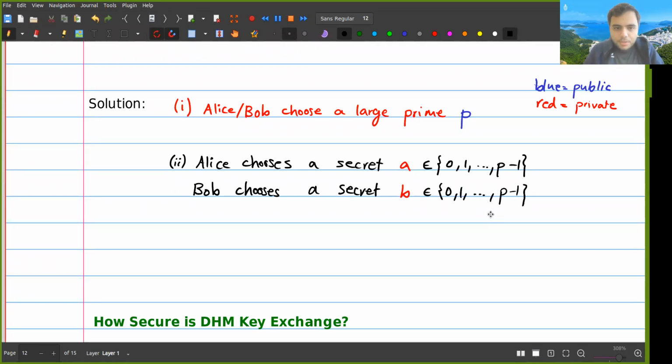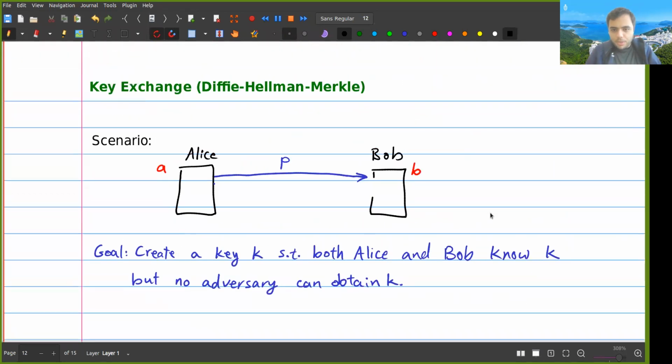Now, I want to tell you the intuition before saying what's going to happen next. So we don't want to publish A and B on the network because everyone else will see what we've published there. But we want to somehow be able to compute a specific number that can only be computed if you know A and B. And the number that we want to compute is actually of this form.